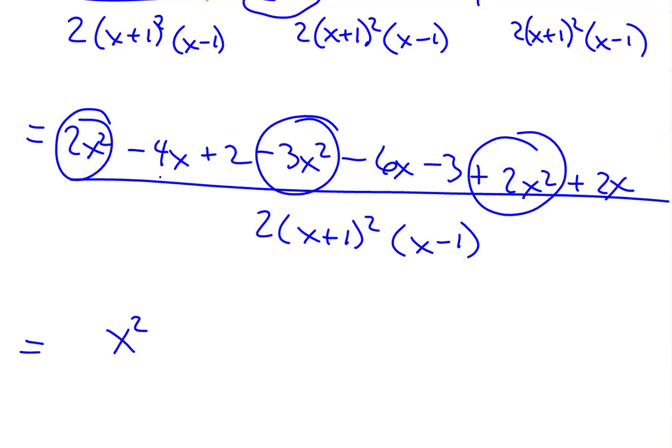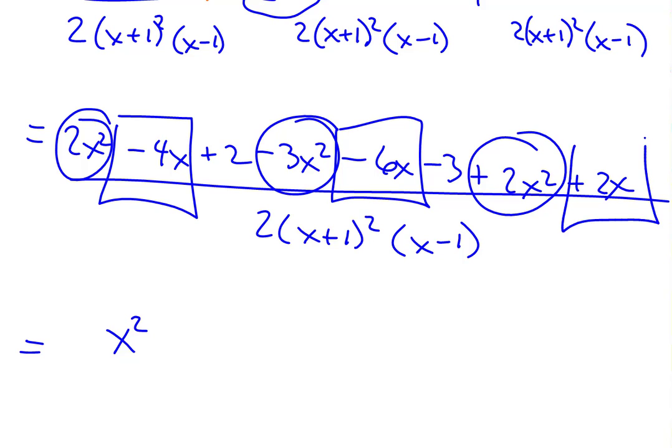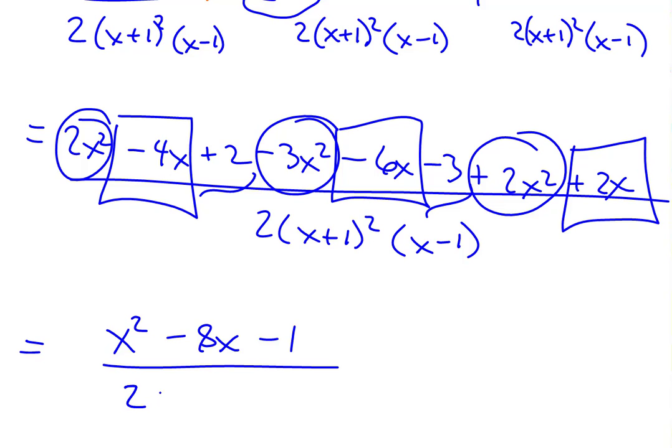Then if you combine the x terms, we have a minus 4x, a minus 6x, and a plus 2x. Those are all like terms. If we combine those, we should end up with a negative 8x. And then with the constant terms, we have the plus 2 and the minus 3. Altogether, that's just a minus 1. And so we have x squared minus 8x minus 1 all over our common denominator of 2 times x plus 1 squared times x minus 1.